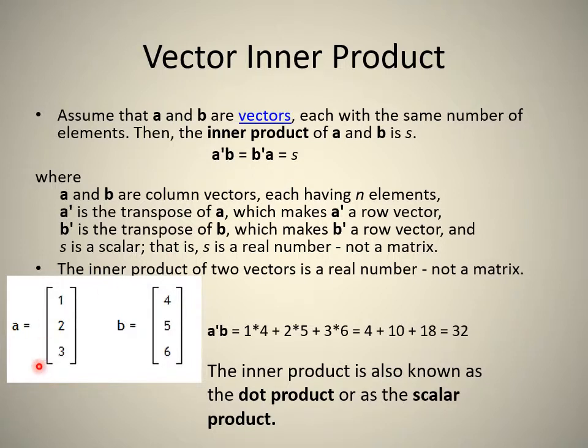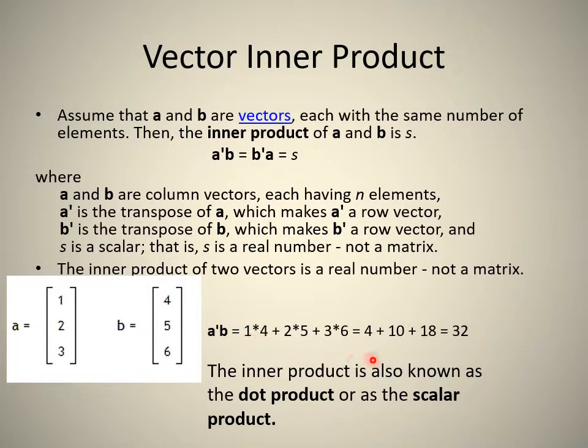So if we look at our example, we have two column vectors A and B, 1, 2, 3 in this column and 4, 5, 6 in that column. So the vector inner product of A and B will be A transpose, which means this column becoming a row, times that column, and we're allowed to do that. So that would be 1 times 4 plus 2 times 5 plus 3 times 6.